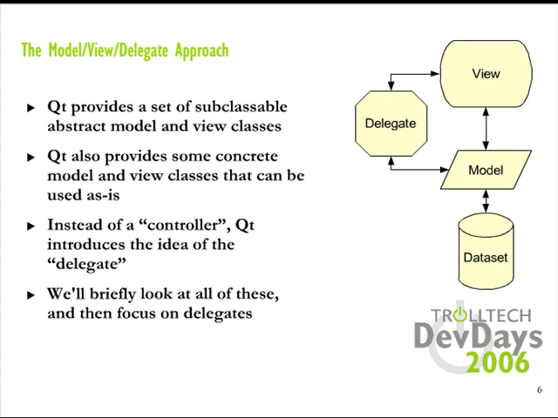Okay? Similarly, when the user initiates editing, for example, they press F2 or they double-click or they do whatever you've chosen to initiate editing, the view, again, doesn't do the work itself. It says to the delegate, I've been asked to edit the item with this model index. You handle it.